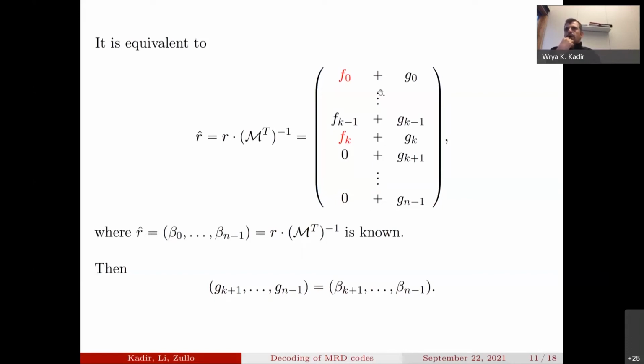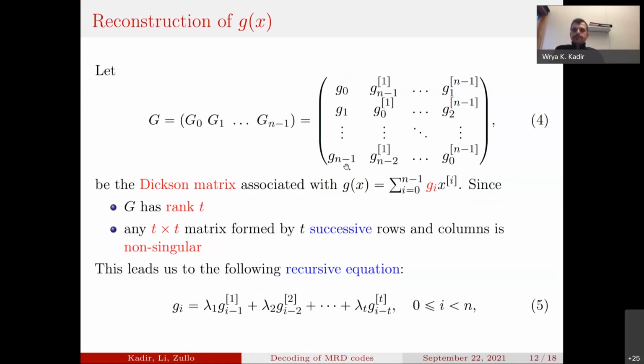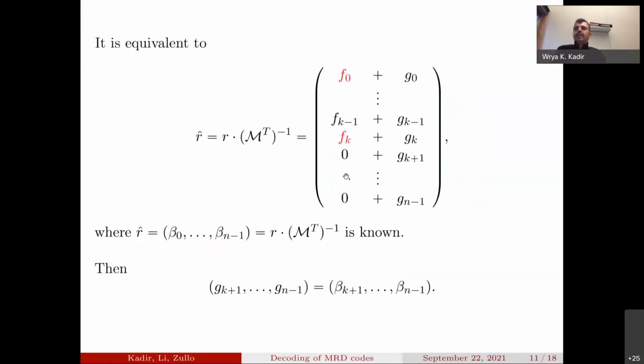So regarding this equation, since R tilde is known, we can say g k plus 1 until g n minus 1, this part of the vector g, is also known, because due to the form of F tilde, you can see the last part of this vector is 0.